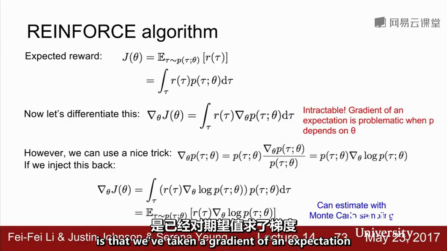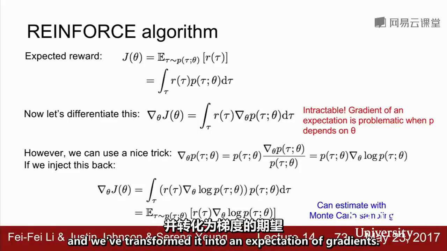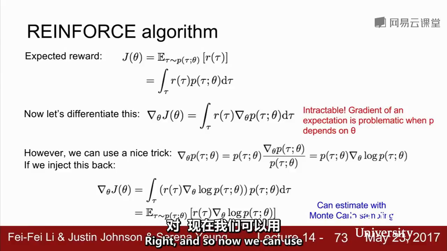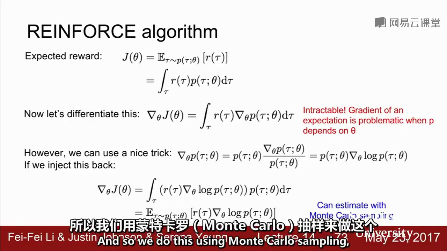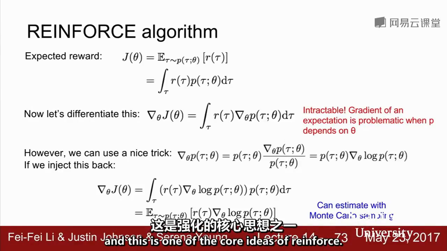So what we've done is take a gradient of an expectation and transform it into an expectation of gradients. Now we can use sampled trajectories to estimate our gradient. We do this using Monte Carlo sampling, and this is one of the core ideas of REINFORCE.